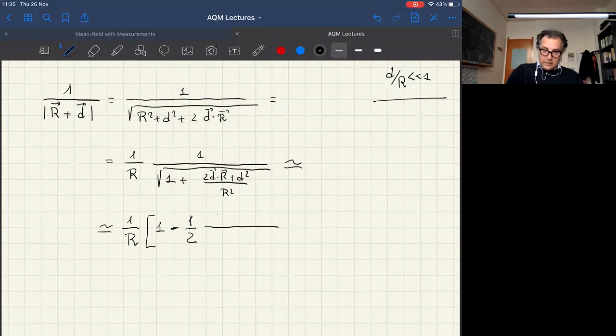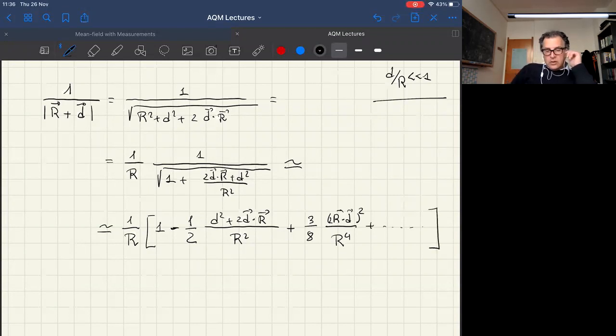Then I have D squared plus 2D over R squared plus, and this I don't remember, so I have to read it, 3 over 8, and then I have R to the 4th, R dot D twice R dot D to the power square plus, okay? So let's see the expansion. This is order 1.